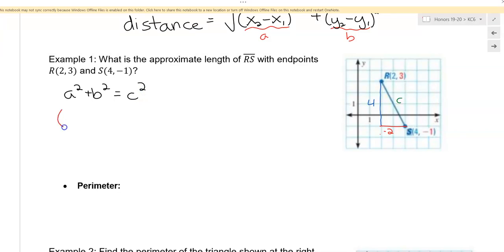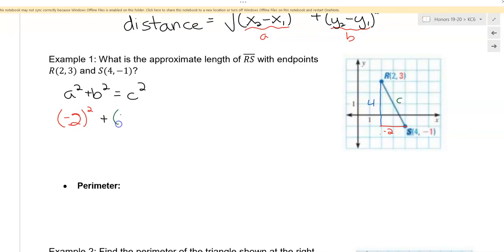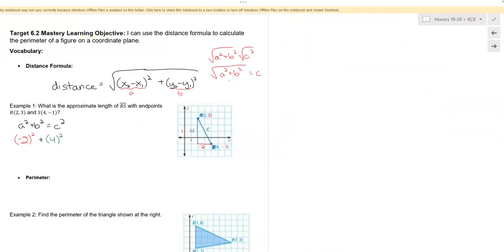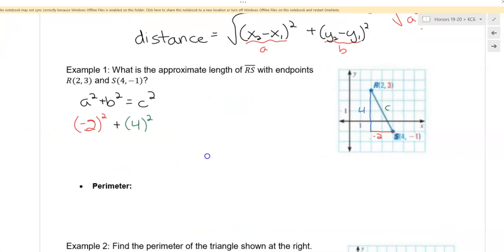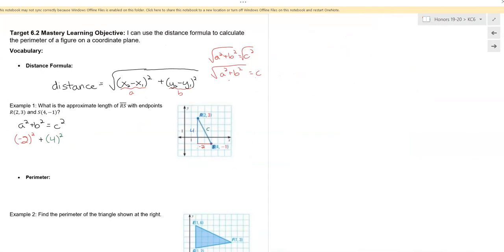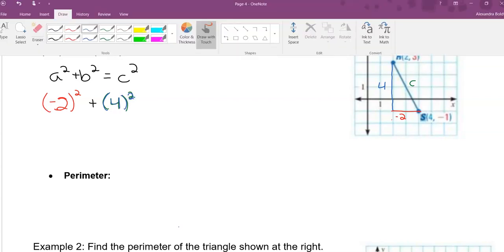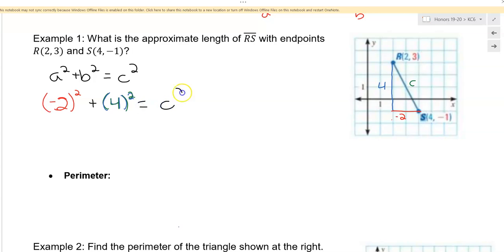So my a squared, and if you use negatives, make sure you put it in parentheses, that it's (-2) squared, especially if you're typing it into a calculator. B is 4 squared, equals c squared.